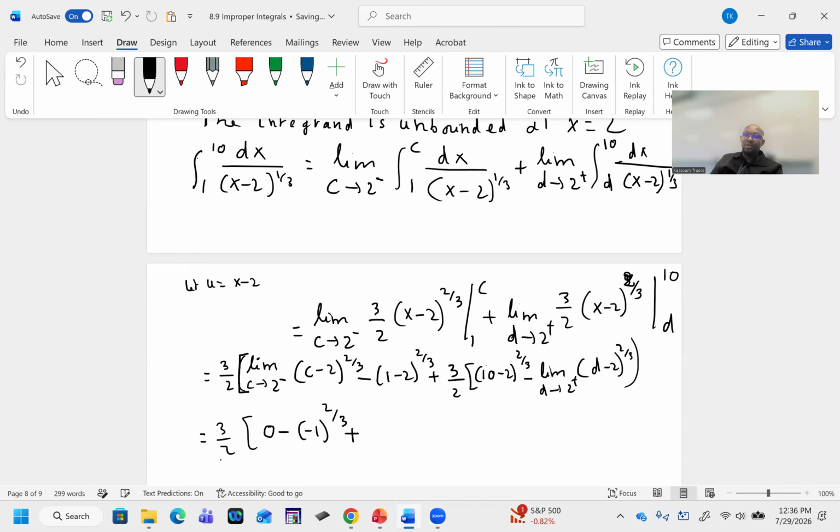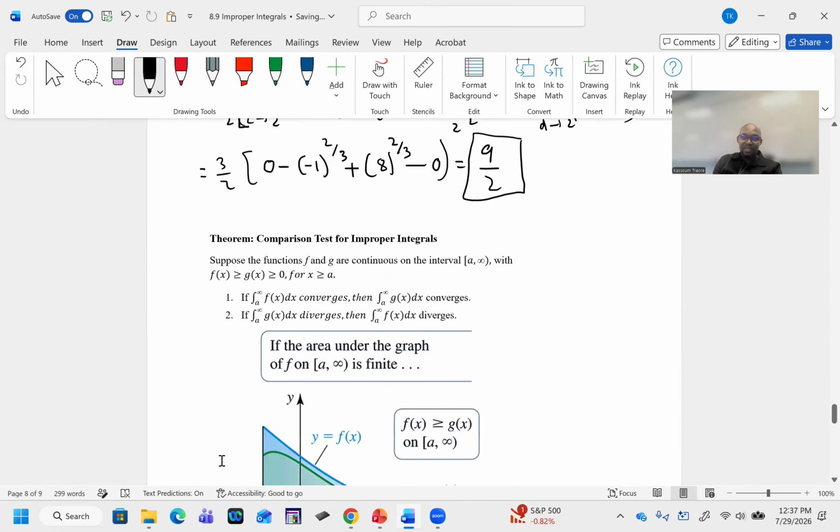Plus, I already factored 3 divided by 2, 10 minus 2 is 8, so 8 to the power of 2/3, right? Minus, if I substitute 2, that would be 0 as well. Use your calculator and combine like terms, and you will see this gives you 9 divided by 2. That's it. Okay, let's do the last part.